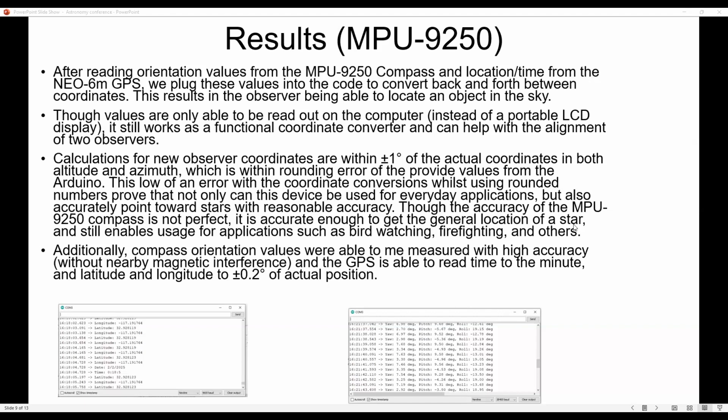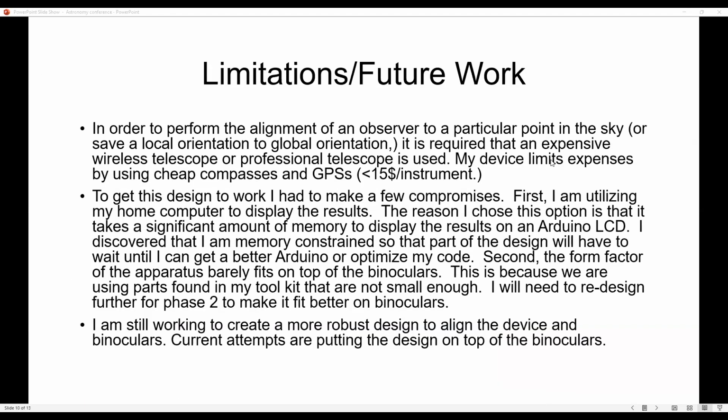I made sure to add up here "results MPU9250" because this is with the MPU9250, and I'm working on a new compass right now that's more accurate than the one I was working with. So these are some of the limitations. The compasses that I used burned out really quickly, and that's not very helpful.